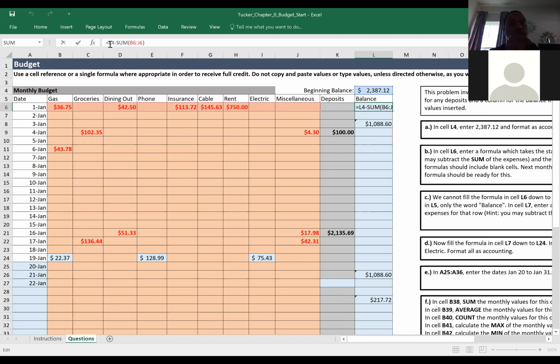So what I had to do was put the equal sign first. Whenever you're trying to do an operation, well, I say a formula, you do the equal sign. L4 is its beginning value minus the sum from B6 to J6. So that's what I did there. And let me delete this.